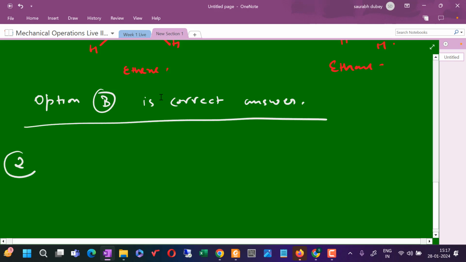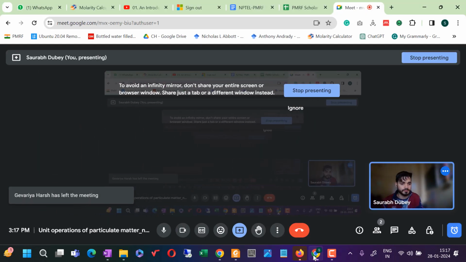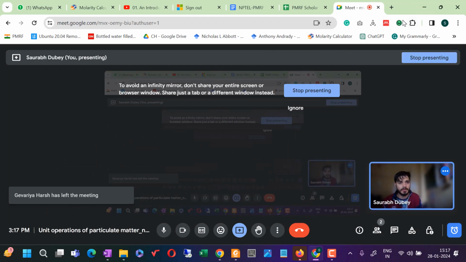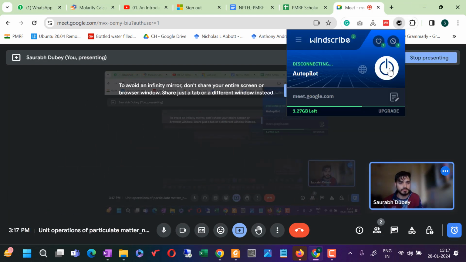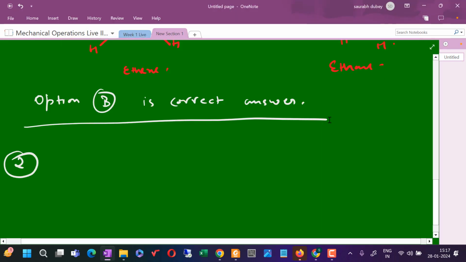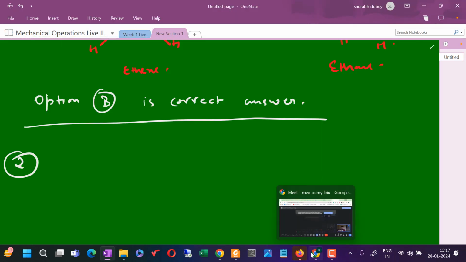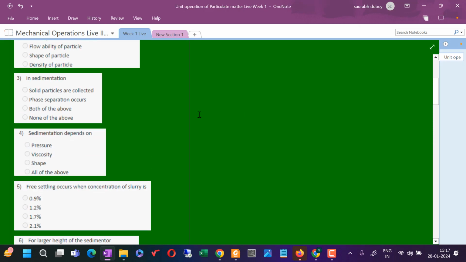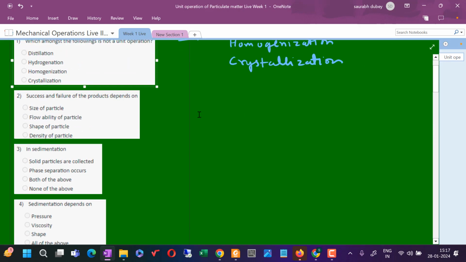Now we will move to the second question that is there. This question says success and the failure of the product depends on.